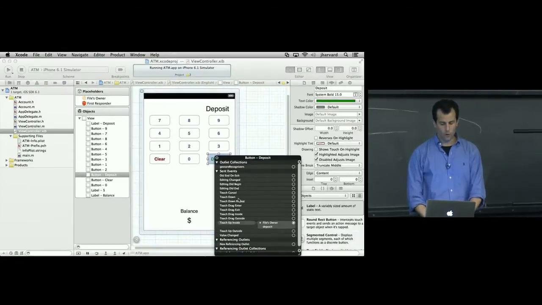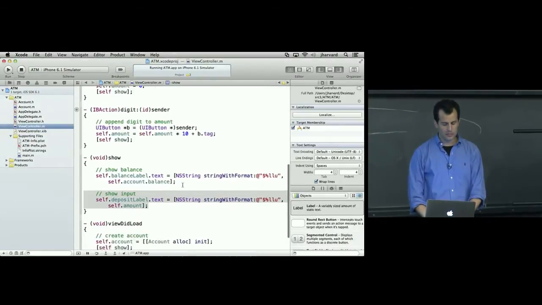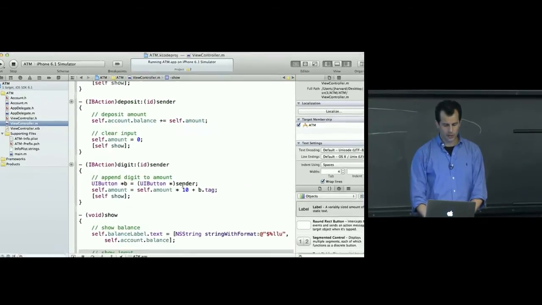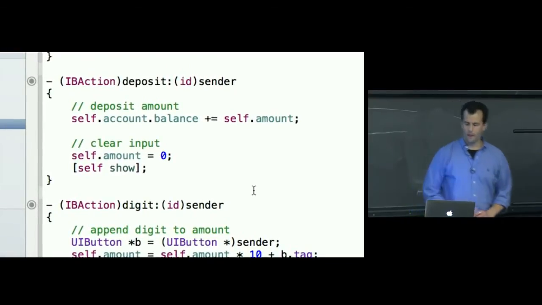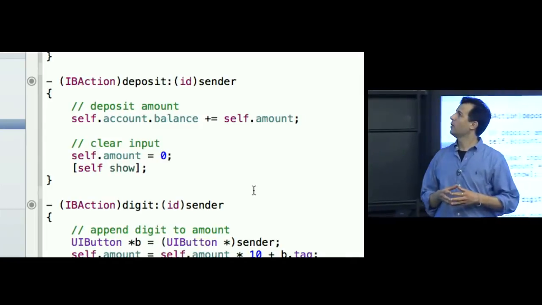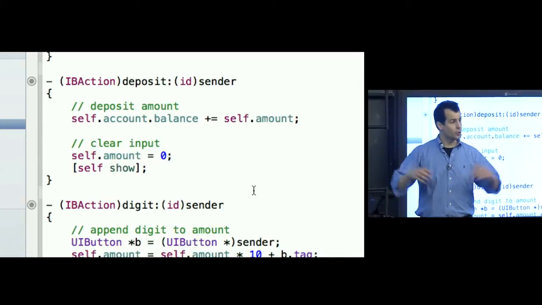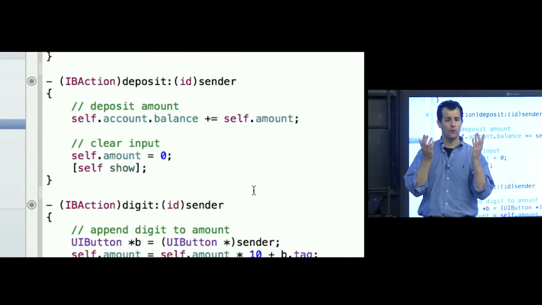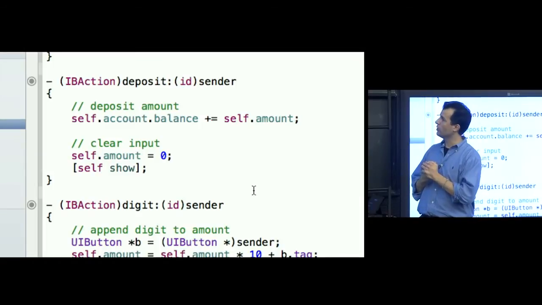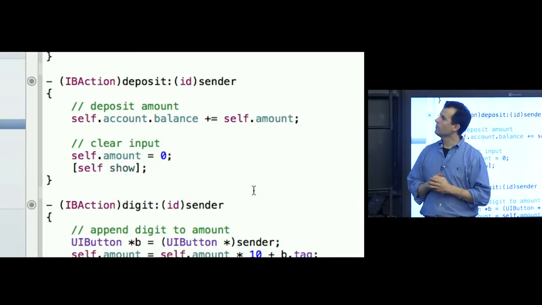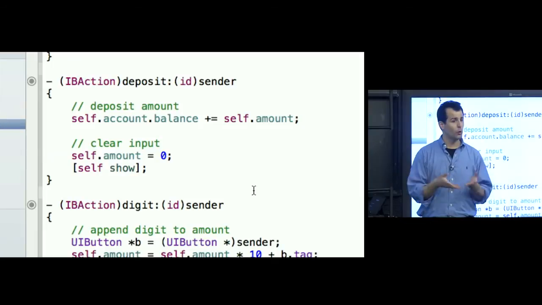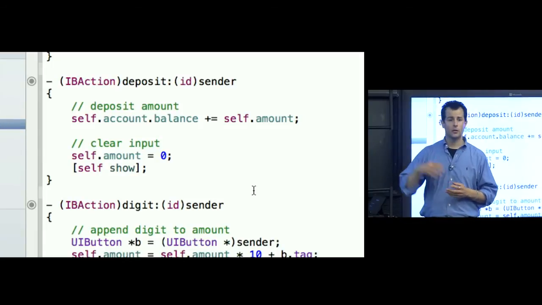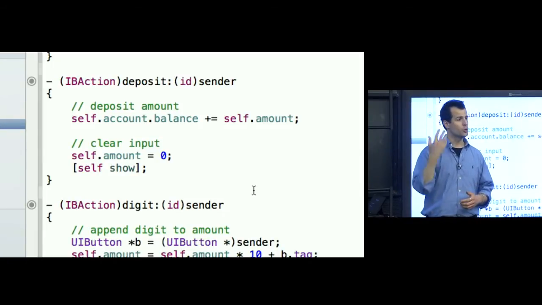So now, if I want to see what deposit does, if I go into my .m and scroll down to here, that is doing what? self.account.balance plus equals self.amount. So it's adding what's actually in the controller's variable to the ATM's variable. What am I doing with self.amount equals 0? Well, I'm just clearing my local value, and then I'm updating the UI by calling show again.